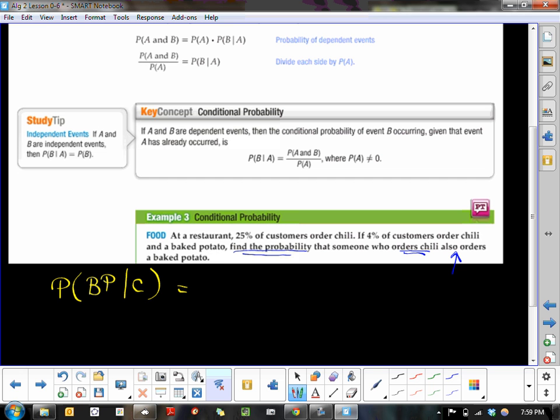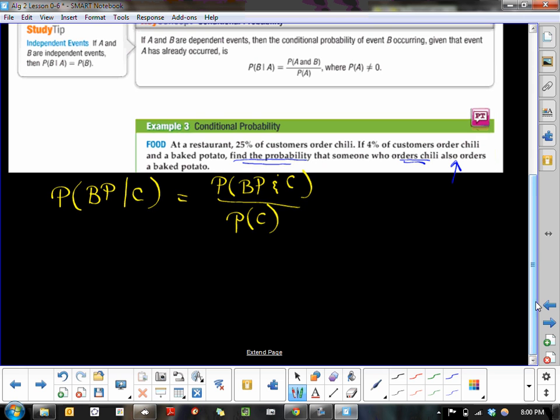So we're going to apply our formula that says, first of all, calculate the probability that they order a baked potato and chili, then divide it by the probability that they would order chili. We're following our formula, the idea of conditional probability. Let's see what we've got for numbers. Do we have the probability that they order baked potato and chili?